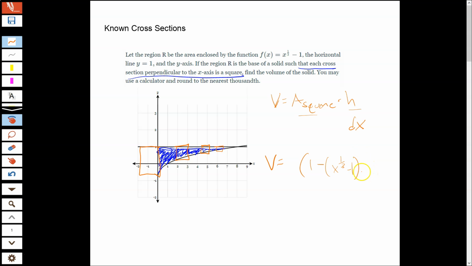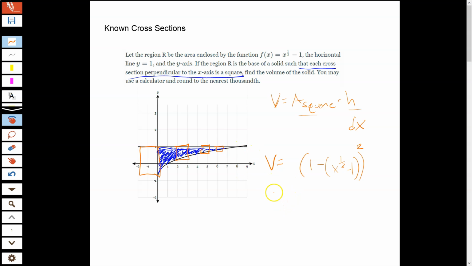Okay. My height, again, is my dx. Oh, but it's area of a square, so we're going to go ahead and square this, right? Because area of a square is the side squared.